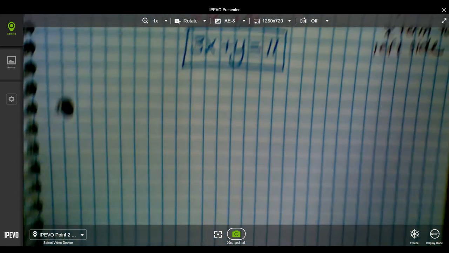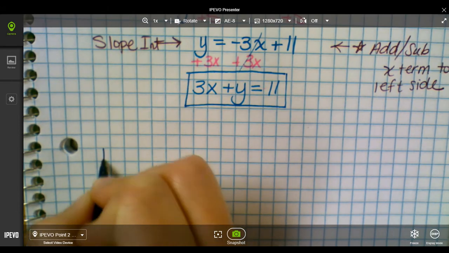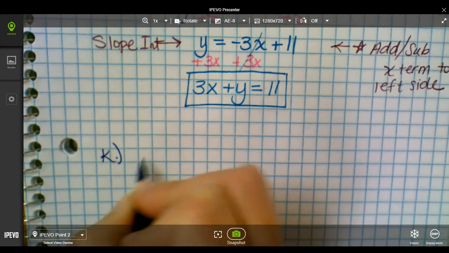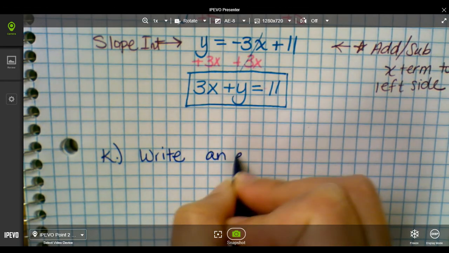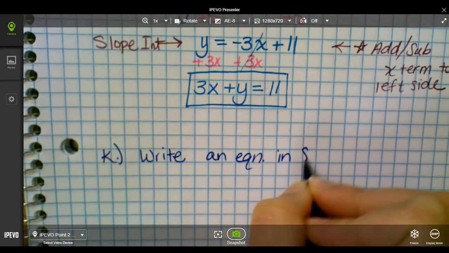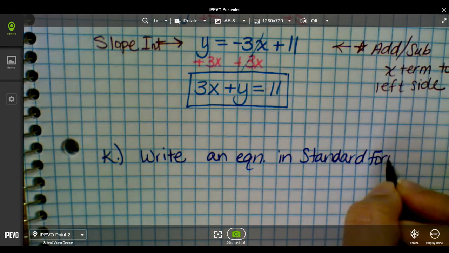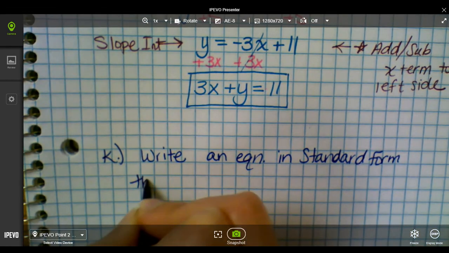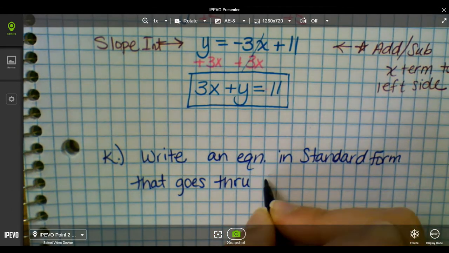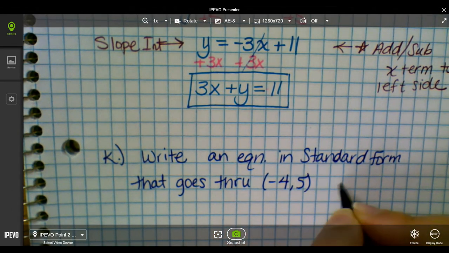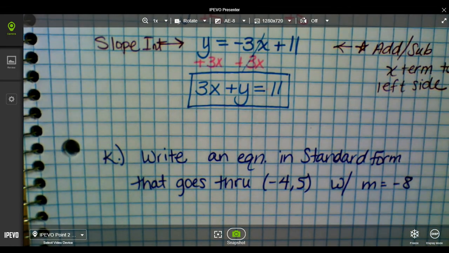Okay, let's just do one of those again real fast. So this is k. So write an equation in standard form that goes through (-4, 5) with a slope that equals -8.